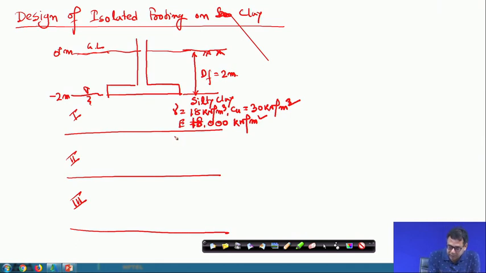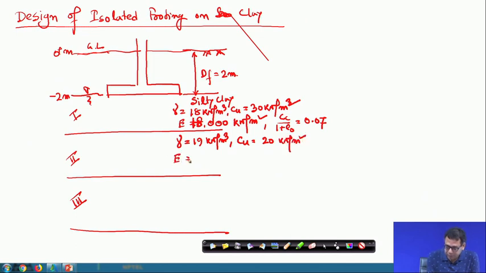Cc by 1 plus e0 was 0.07 for layer 1. For layer 2, the unit weight was 19 kilonewton per meter cube, and the Cu value was 20 kilonewton per meter square.